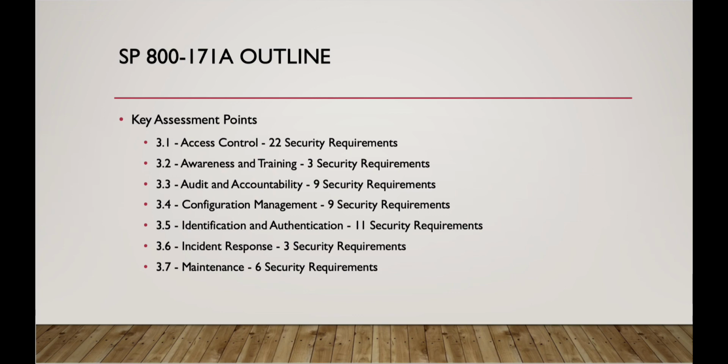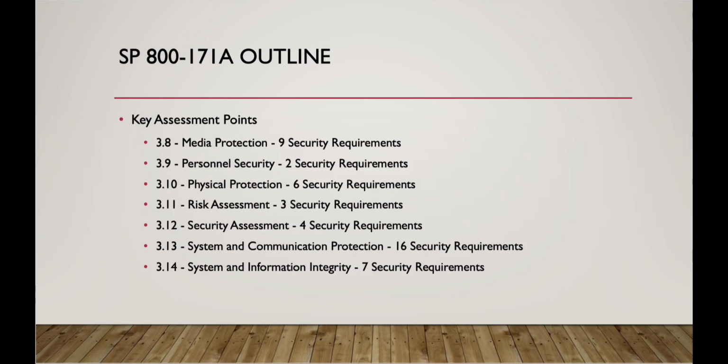My plan is at some point with the Reduce Cyber Risk podcast and my CISSP to provide these in my podcast, as well as some YouTube training around it, just so you understand what they are, what would be an example of a security requirement around incident response, and then how would you manage that. So again, these are just various items on the outline.